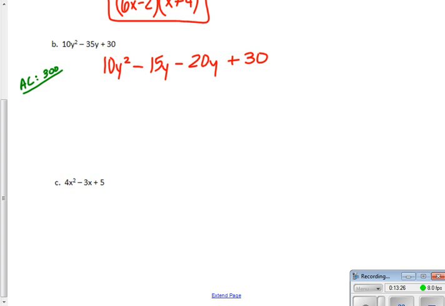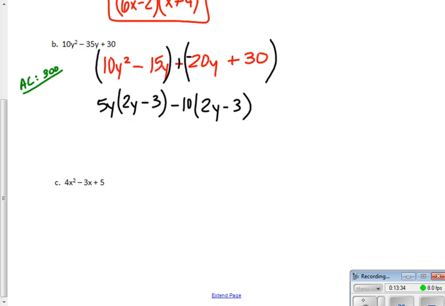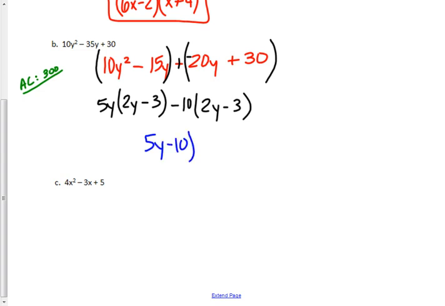Applied the pattern, found out AC is 300. We need to get a sum of b of negative 35. Next, factor by grouping, which leaves us with 5y minus 10 and 2y minus 3.